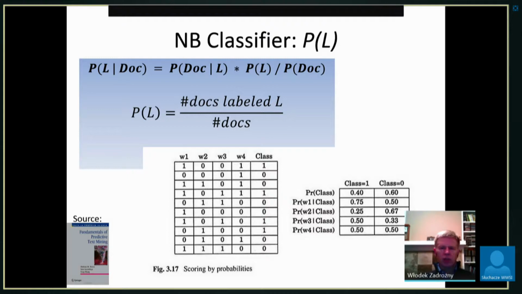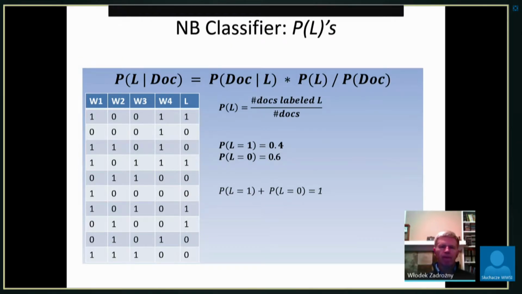With the total number of documents being 10, the probability of class 1 is 40%, and the probability of class 0 is 60%. All right, so that part is easy, and we could do the same thing for the corpus of 4,600 documents that we discussed a moment ago.